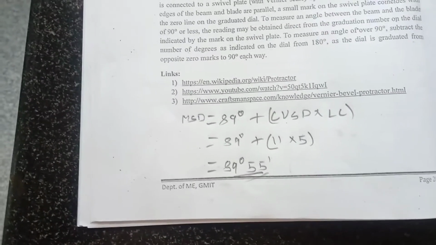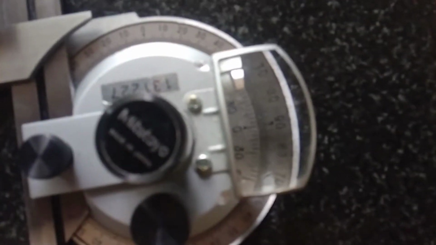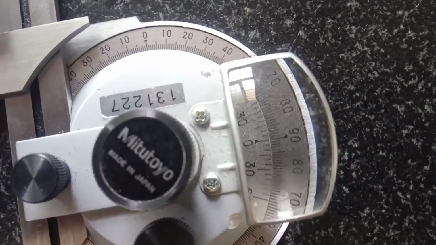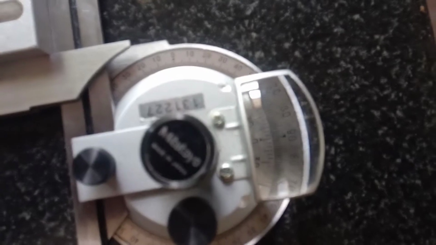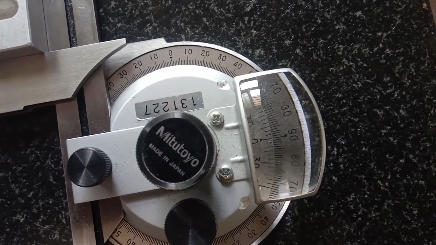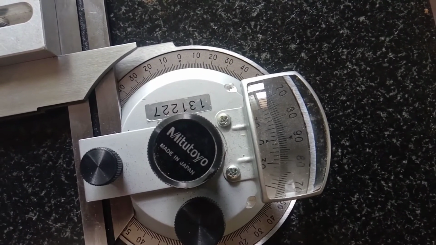The unknown angle that we have found out is 89 degree 55 minutes. You can have a clear look here that it is almost nearing 90 degree. So it is lesser by 5 minutes than 90 degree.